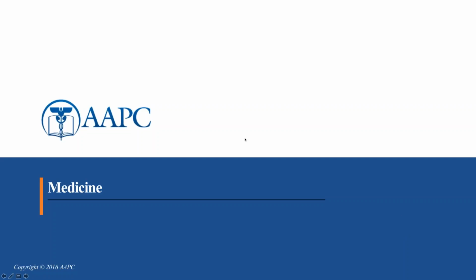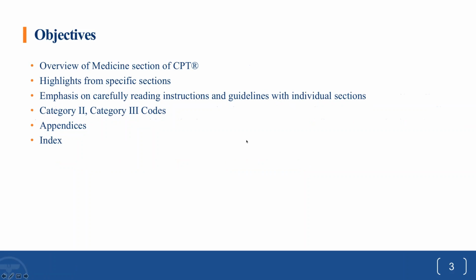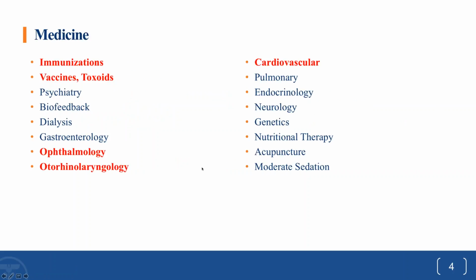All right, so let's get started. Okay, so again, I had highlighted cardiovascular on this slide because I said that with medicine, radiology, and cardiovascular, sometimes you have to pull from all of those systems to code for cardiovascular services. But the medicine section includes your immunizations and your vaccines, right? Remember I said ophthalmology, so that's going to be very important.